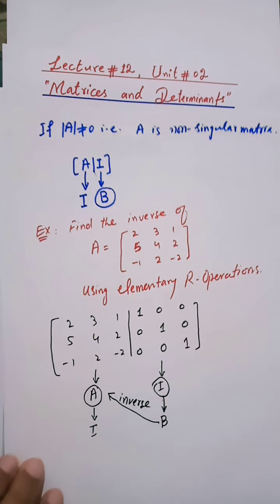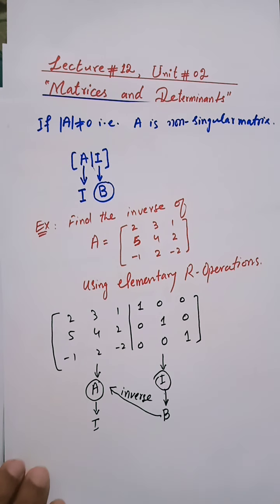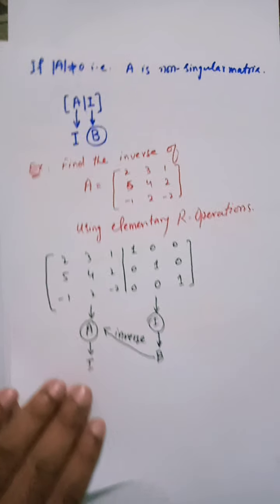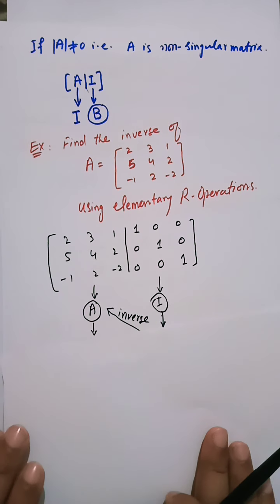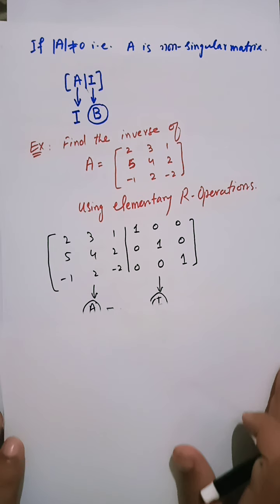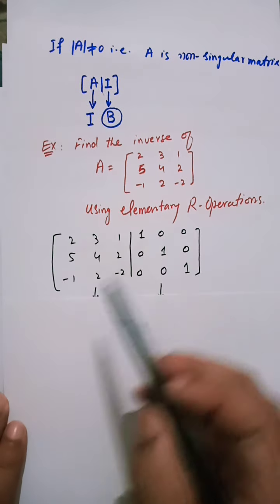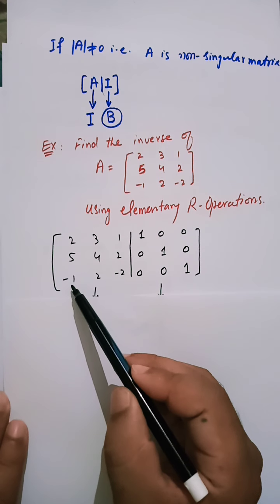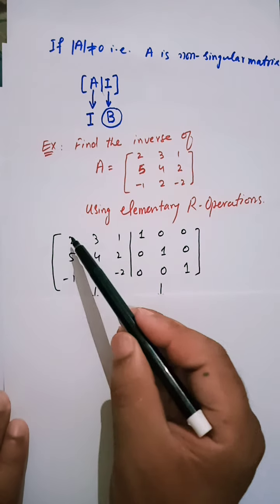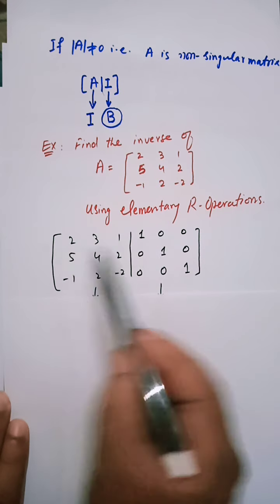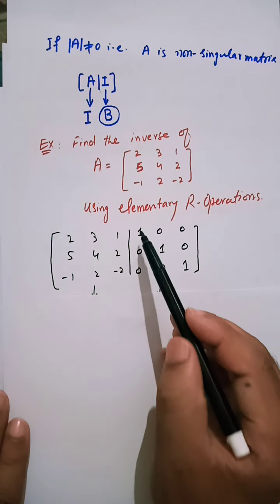Okay, so first of all, in the identity matrix you see that the first element is 1. So if I interchange row 1 and row 3, the -1 will be shifted here, and then we multiply it by -1, so that will become 1.